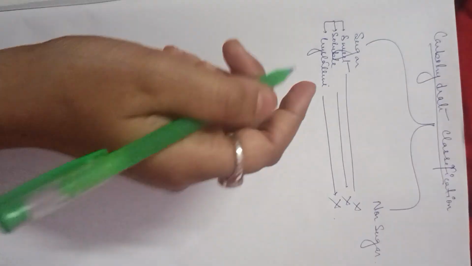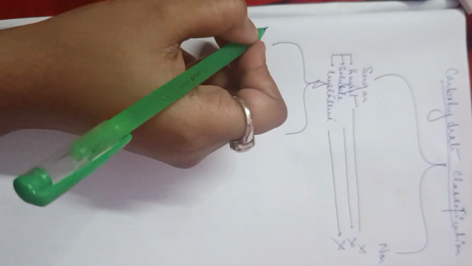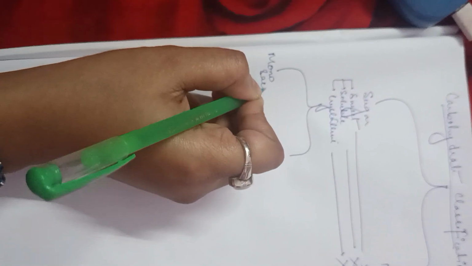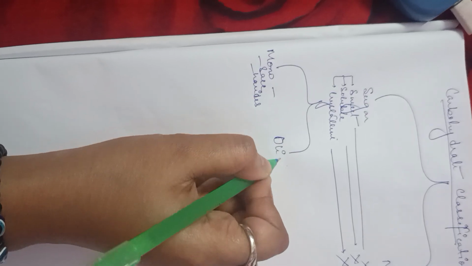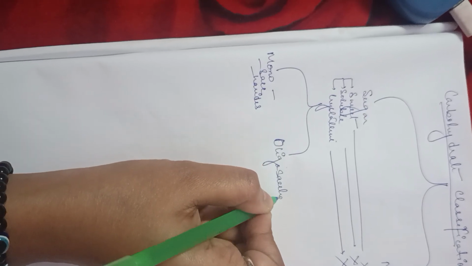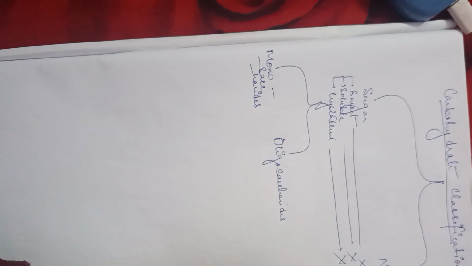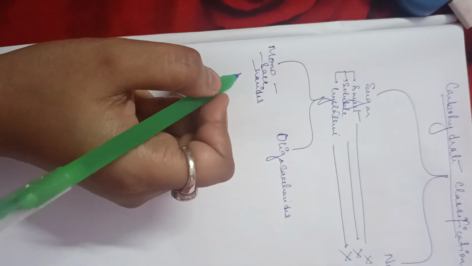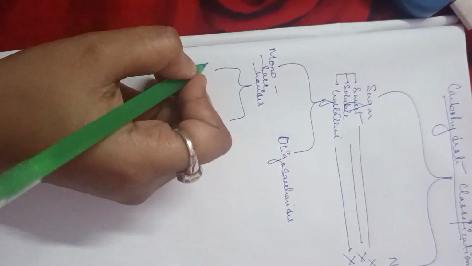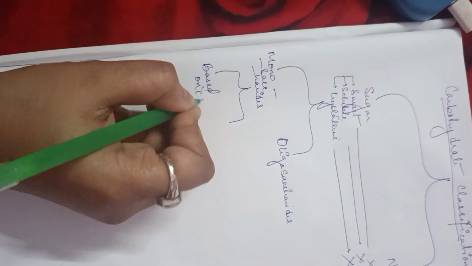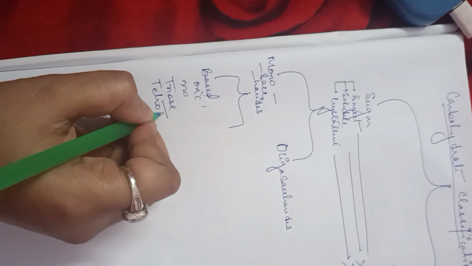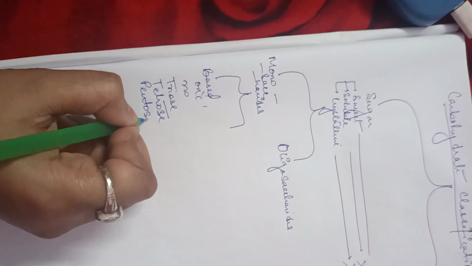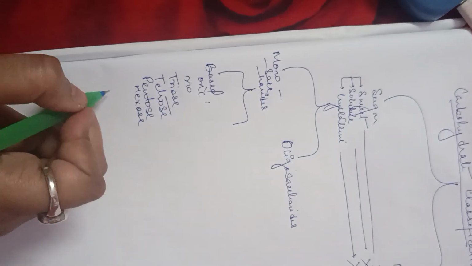Sugar can be of two types: monosaccharide and oligosaccharide. Non-sugar is of one type, that is polysaccharide. Now monosaccharide can be divided based on carbon number, like triose, tetrose, pentose, hexose. But why not 2 carbon?